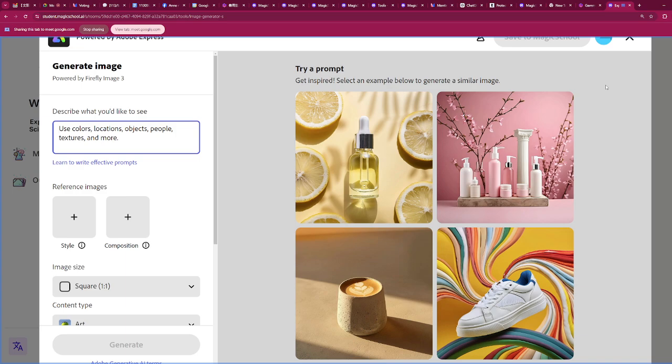So for example, I would say a boy helping out another boy who fell on the ground at the playground at school.